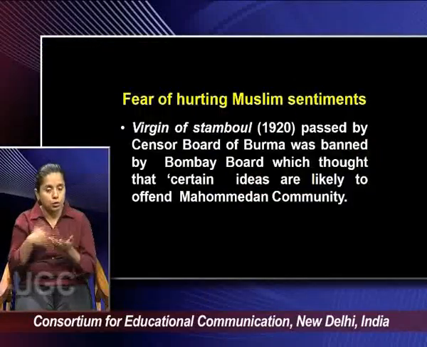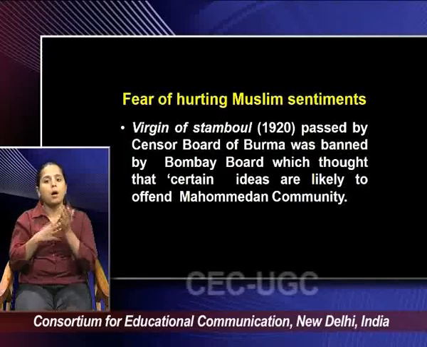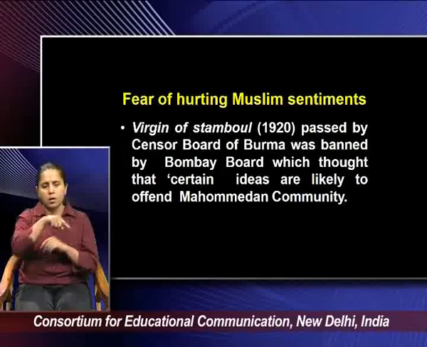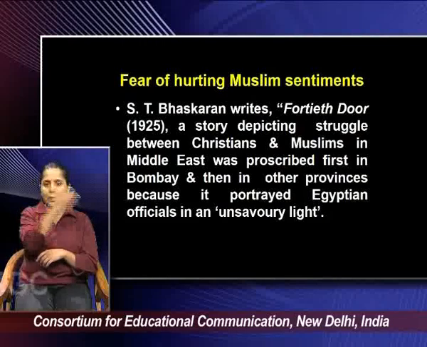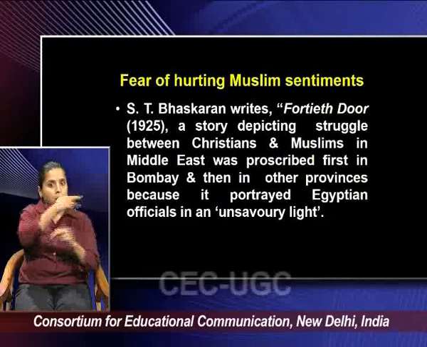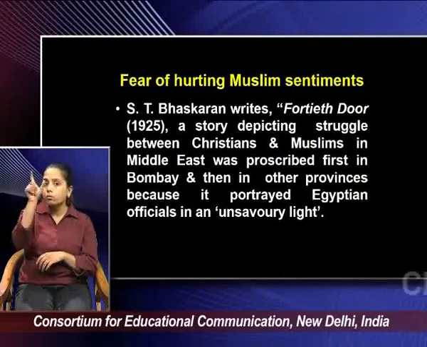And films like Virgin of Istanbul in 1920, passed by the censor board of Burma, was banned by the Bombay board, which thought that certain ideas were likely to offend the Mohammedan community. So we find that the British were very, very concerned, and S.T. Bhaskaran writes that the 48 Door story, depicting the struggle between the Christians and the Muslims in the Middle East, was proscribed first in Bombay and then in other provinces, because it portrayed the Egyptian officials in an unsavory light.